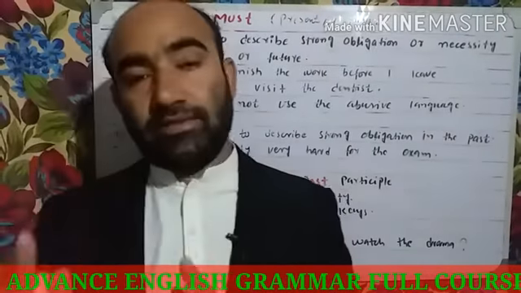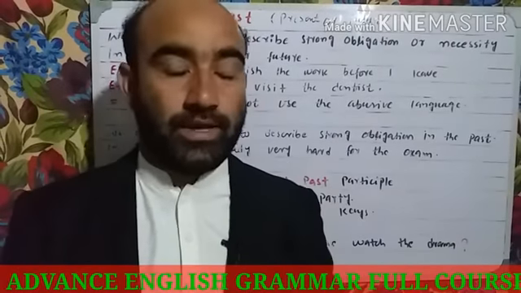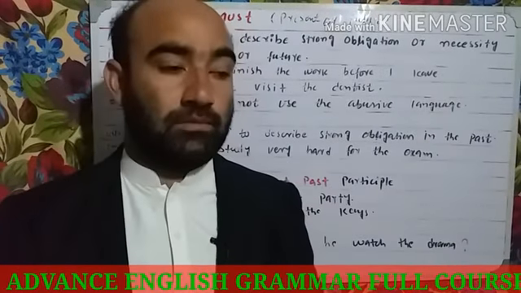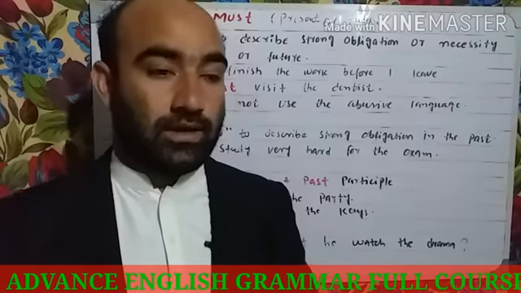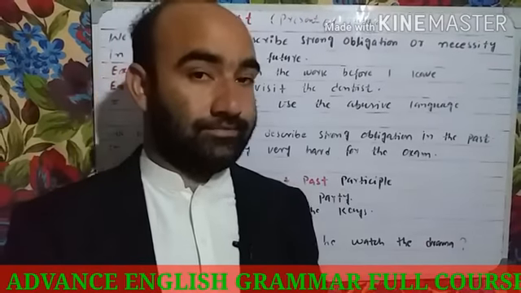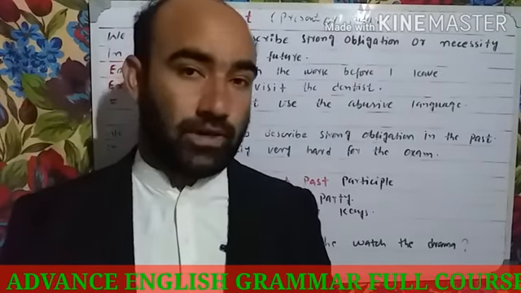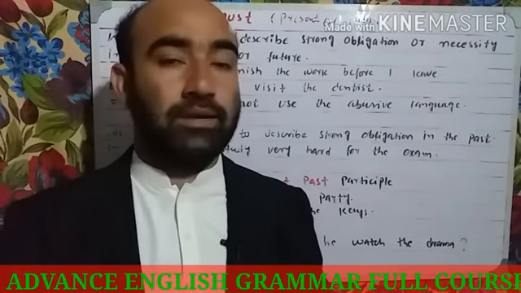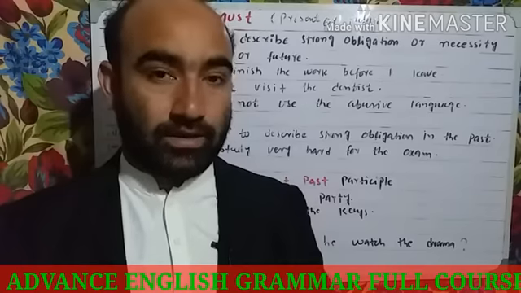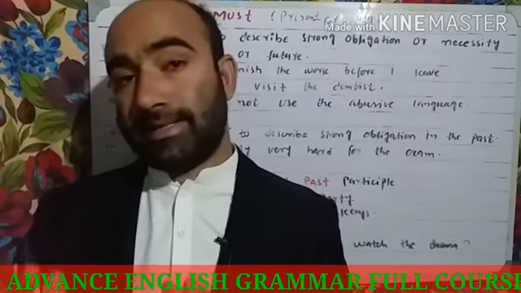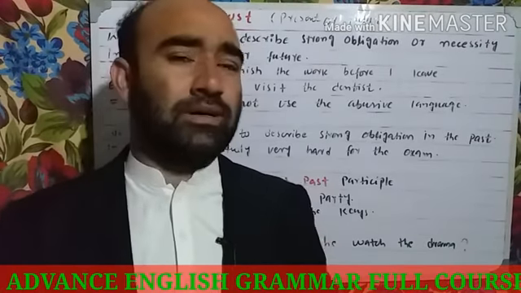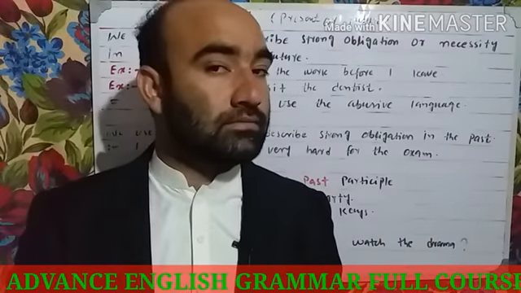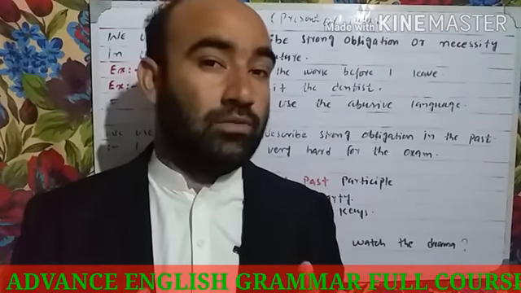Okay? And now we are talking about had to. There is no second form of must. In the previous classes, there were some modal verbs that had the second form, for example, can, could, may, might. But in must, there is no second form of the modal verb must.